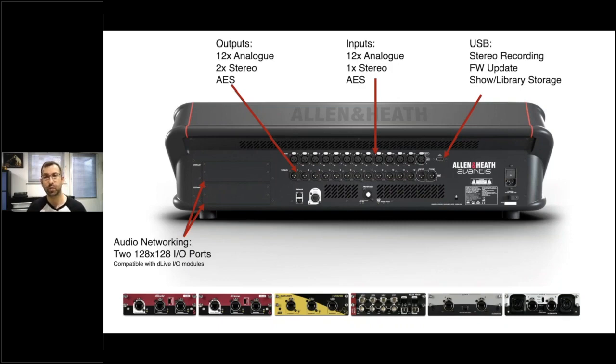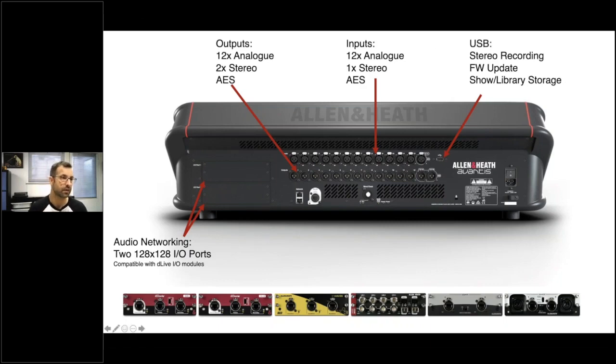These are compatible with the D-Live I/O cards. So in these slots, we'll be able to put anything from Dante cards, Waves cards, MADI cards, GigaAce cards if we want to interface with other Allen Heath mixers, etc. So a lot of capacity to connect more ins and outs to the surface.